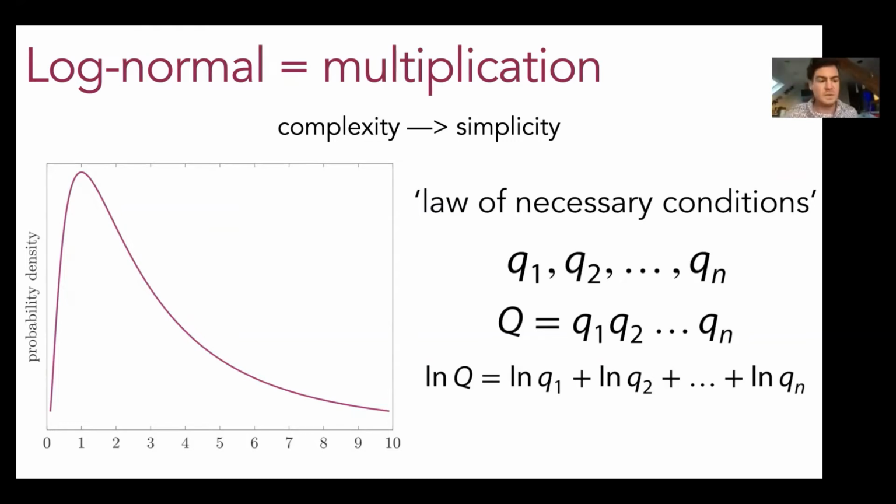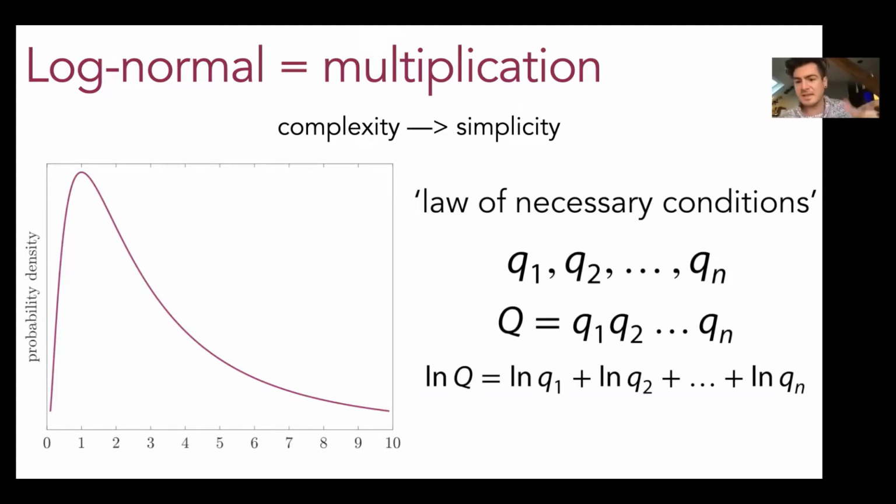So we can think about things that are log normally distributed as following something like the law of necessary conditions. So if our children's phrase for the normal distribution was that the toe bone's connected to the foot bone, here it would be that parable about how, for want of a nail, the war was lost because of the horseshoe and all this other stuff.